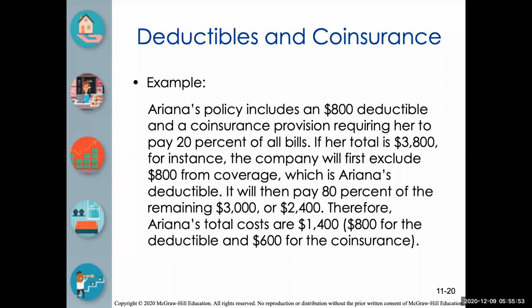So insurance company pays $2,400 of the total bill, and Ariana pays $1,400 of the total bill. All right, still not a bad deal. The insurance company is paying almost twice what Ariana is paying for the insurance, so she is getting a benefit. But this is a good illustration for how the deductible and co-insurance provisions work within these healthcare policies.